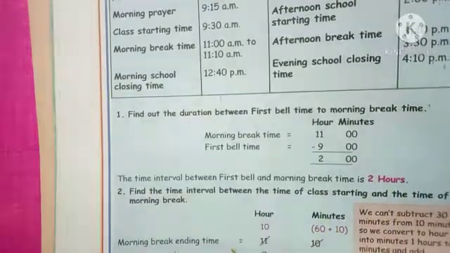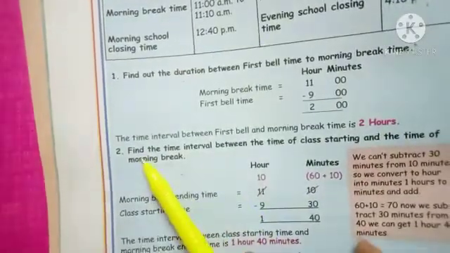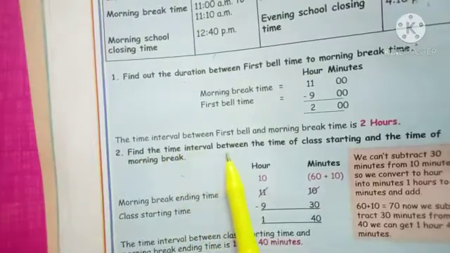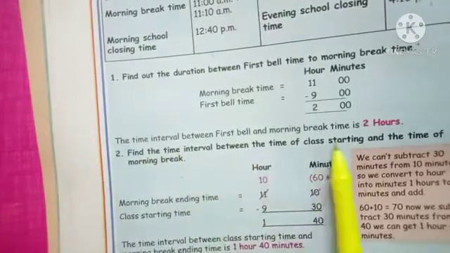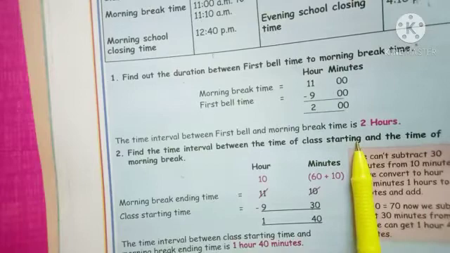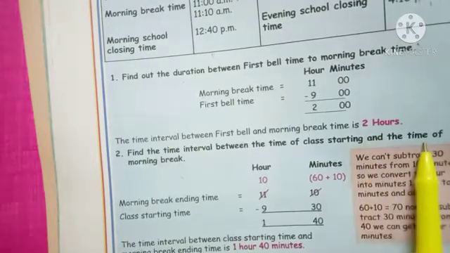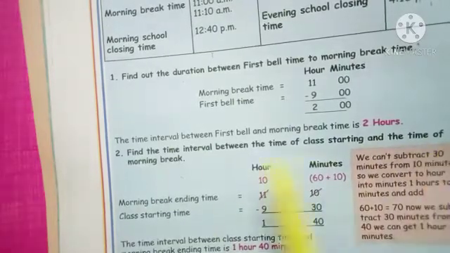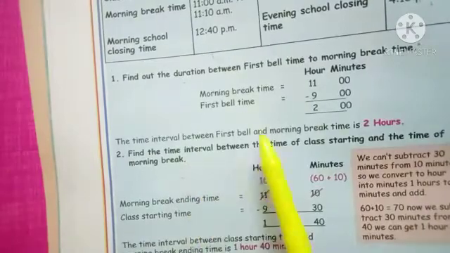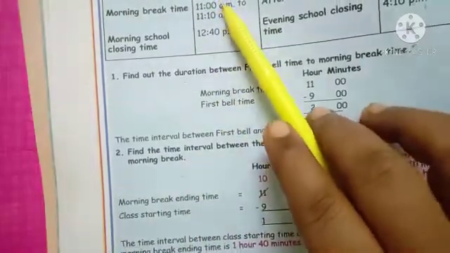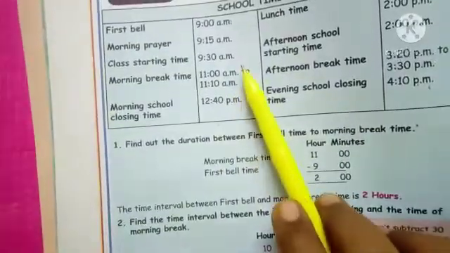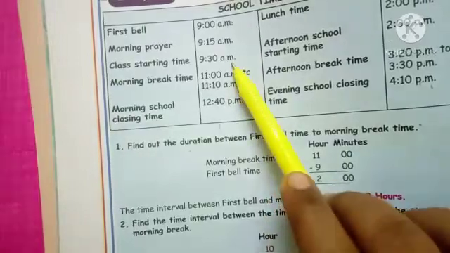Then the second question. Find the time interval between the time of the class starting and the time of morning break. Class starting time is 9:30. But morning break is at 11 o'clock, so the break time is 11:10. Starting time is 9:30.